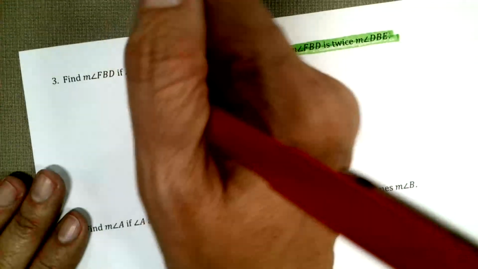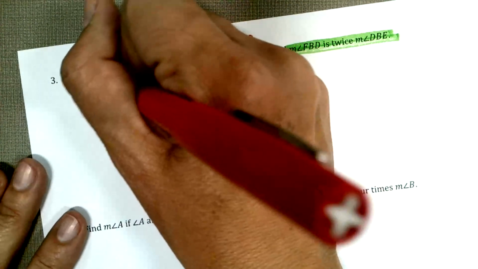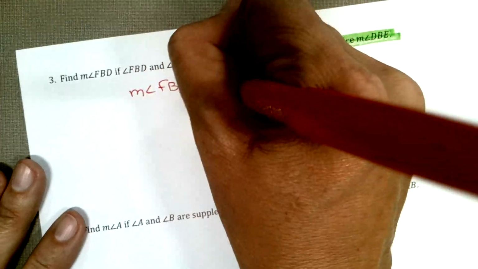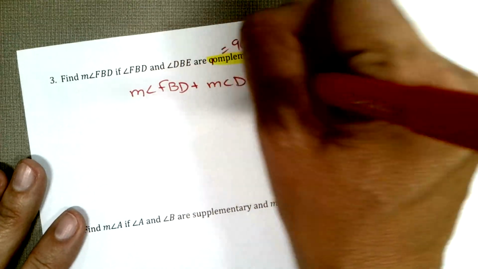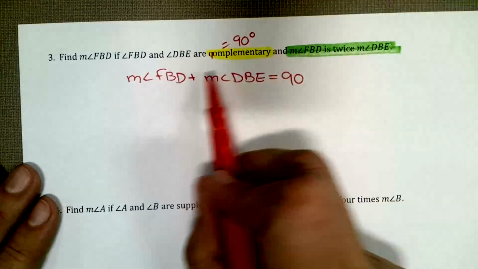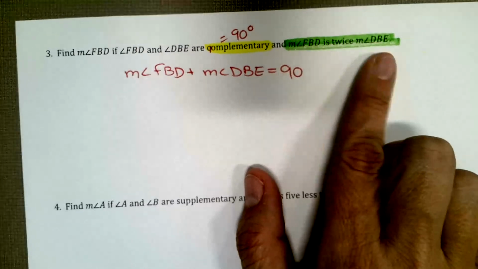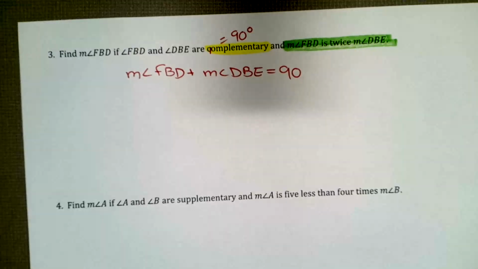Let's start with that. So the measure of angle FBD plus the measure of angle DBE has to equal 90 because they're complementary. Now, this statement is going to tell us what we're going to fill in.